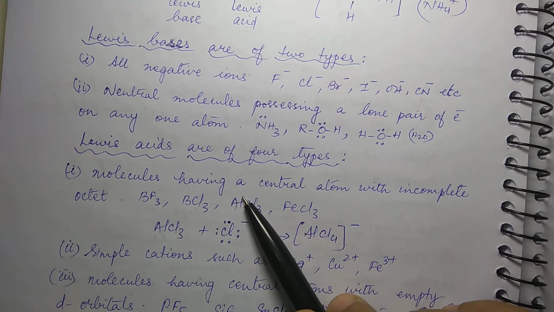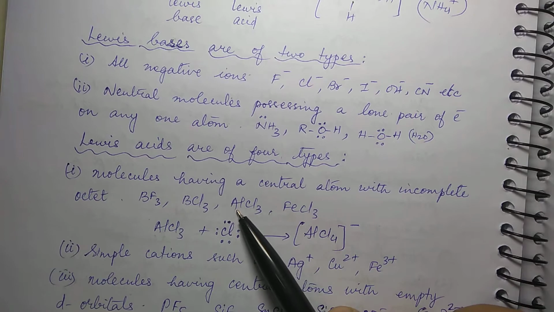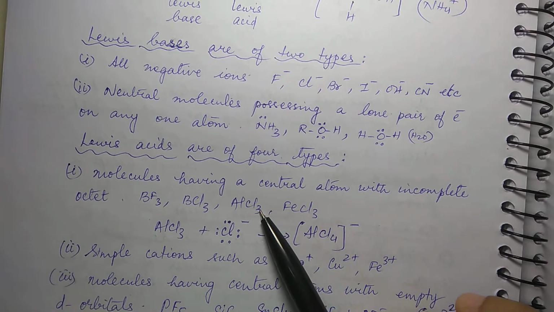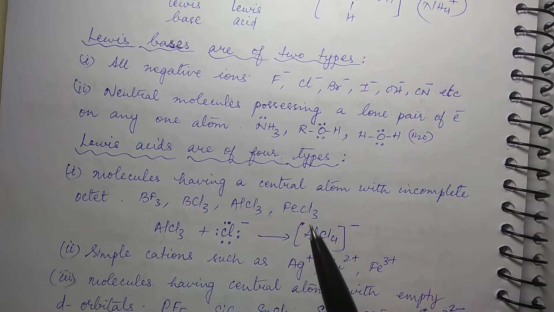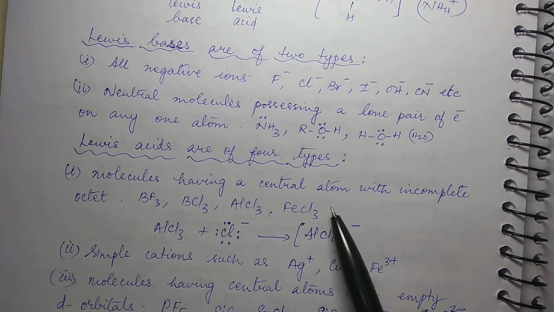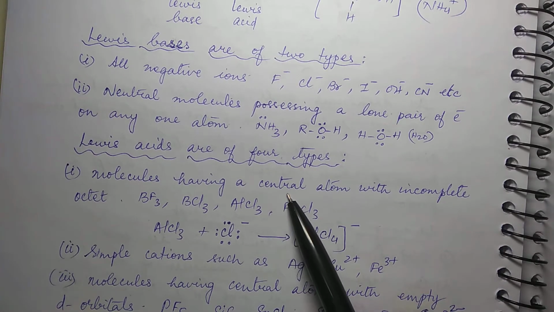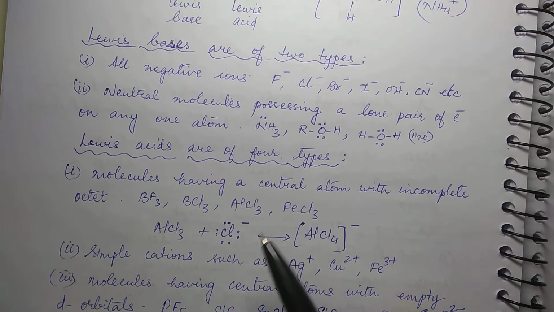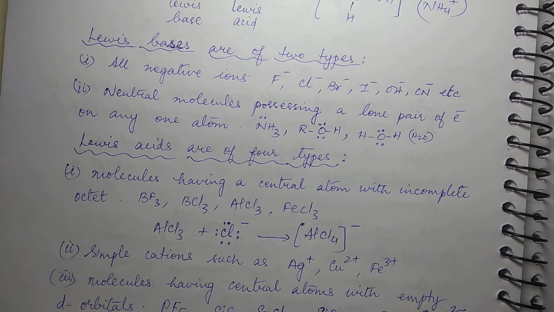AlCl3 also has only 6 electrons, 3 its own and 3 after sharing, so a total of 6, which is short of 2. Same way FeCl3 also has only 6 electrons around it. Okay, so these all have incomplete octet, so they behave as Lewis acids.